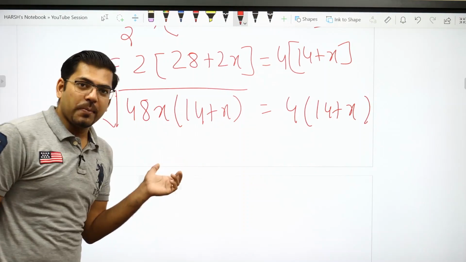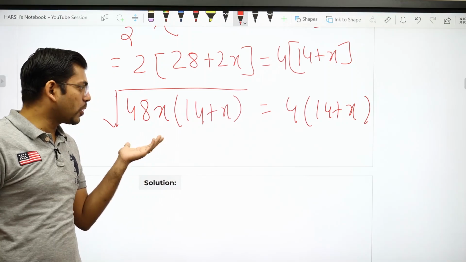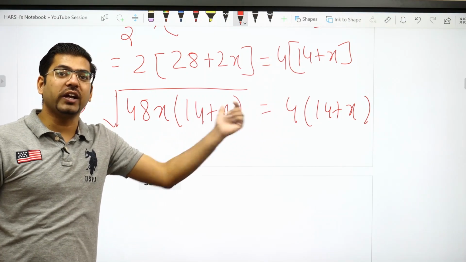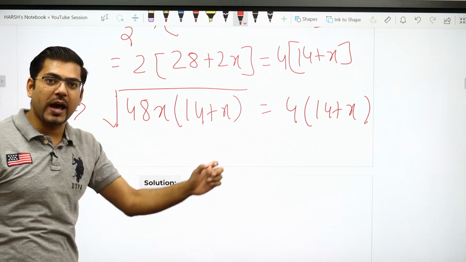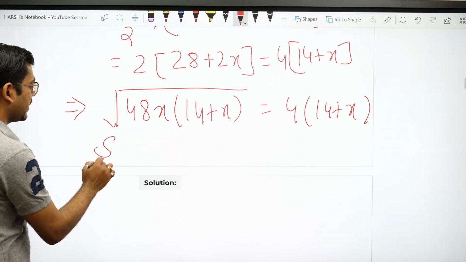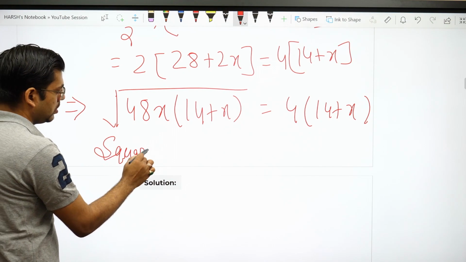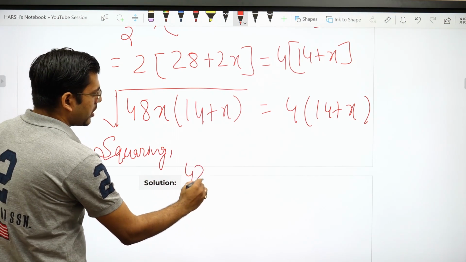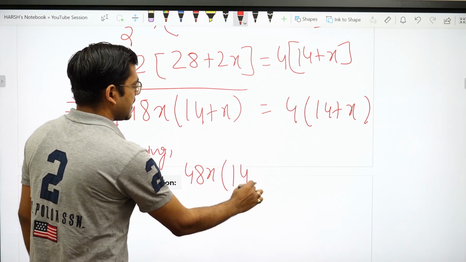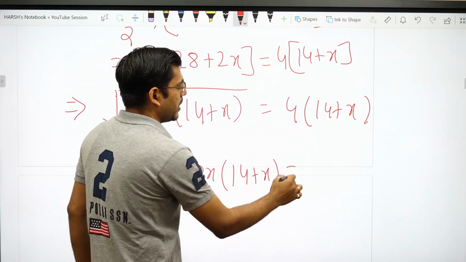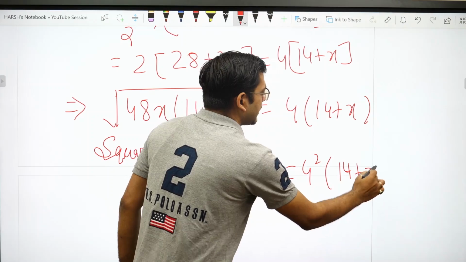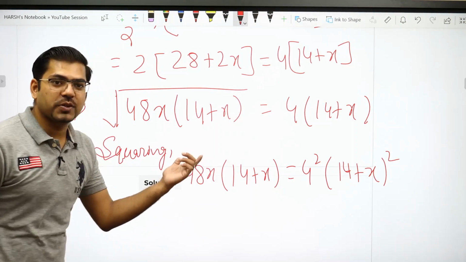Now you must know how to solve this kind of question, because here there is a root on one side and no root on the other side, so you will just square both sides so that the square root gets over. So once squaring, I'll be getting 48x into 14 plus x is equal to 4 square into 14 plus x whole square, isn't it? I have squared both of them.